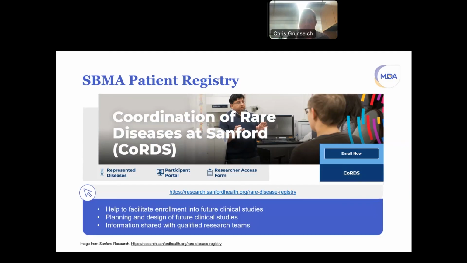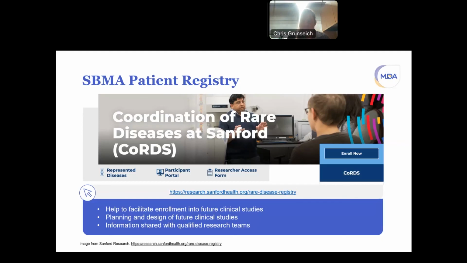So I would encourage all the practitioners diagnosing patients with SBMA to encourage them to look at this resource for a few reasons, because the data that's generated in this registry can be used by those who are qualified to do research on the disease to understand how the disease progresses over time. And then this registry can also be used to facilitate enrollment into future clinical trials.